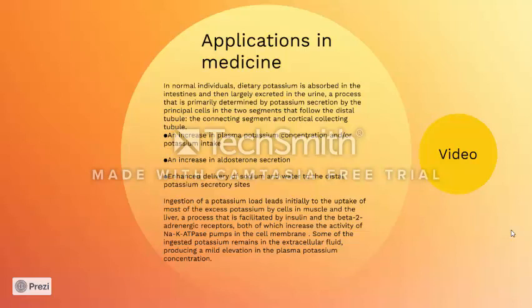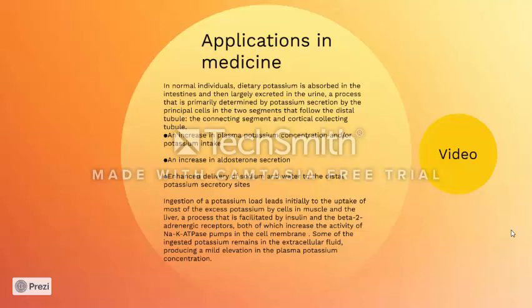Three factors affect potassium excretion: an increase in plasma potassium concentration and/or potassium intake, an increase in aldosterone secretion, and the enhanced delivery of sodium and water to the distal potassium secretory sites.